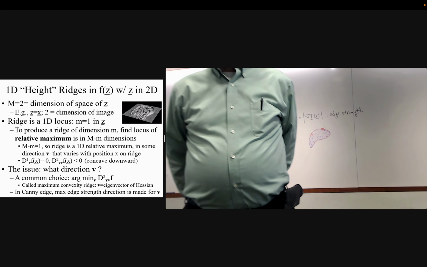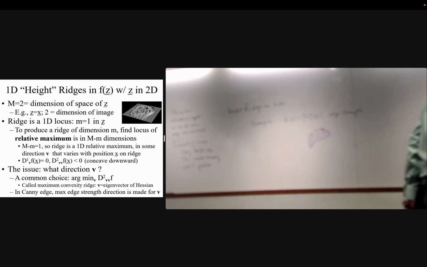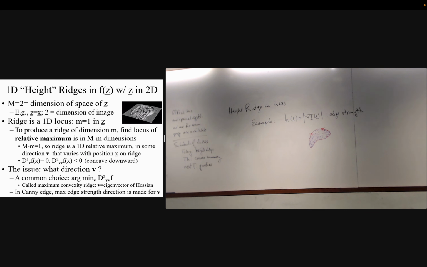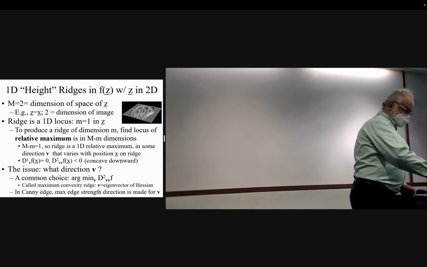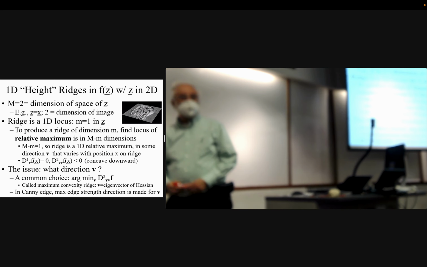And for our example, we're talking about h of x where x underlined is xy, it's in 2 dimensions. And here is the function h, right? And what we're trying to do is to find the place in xy that corresponds to that locus.